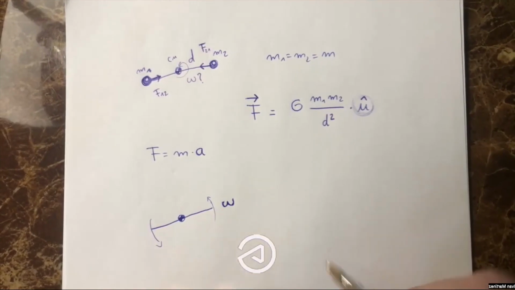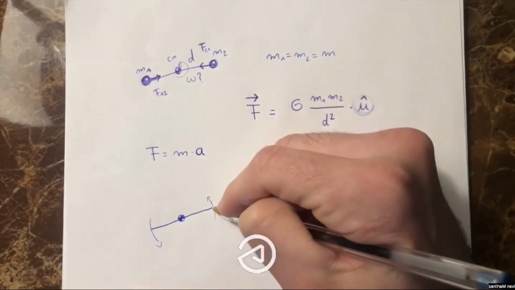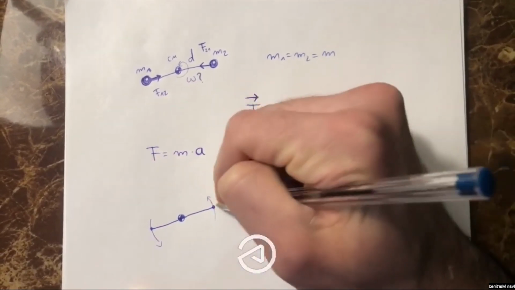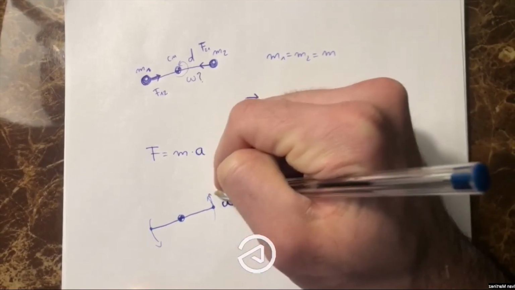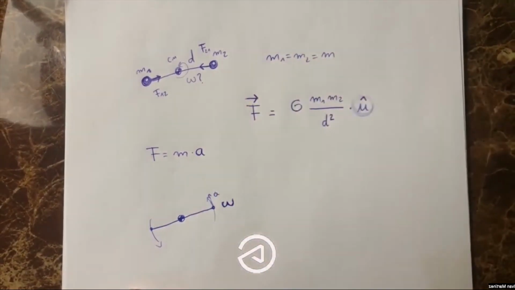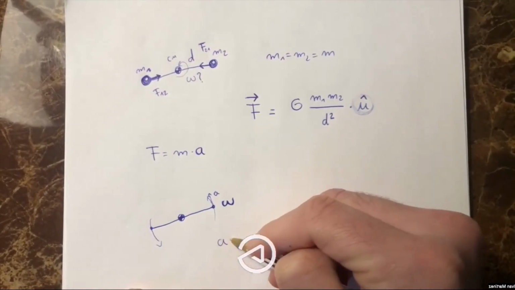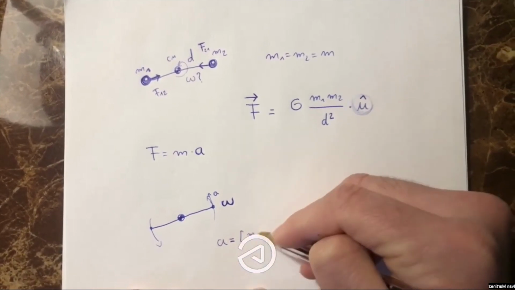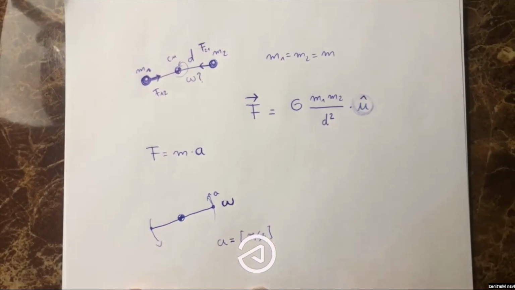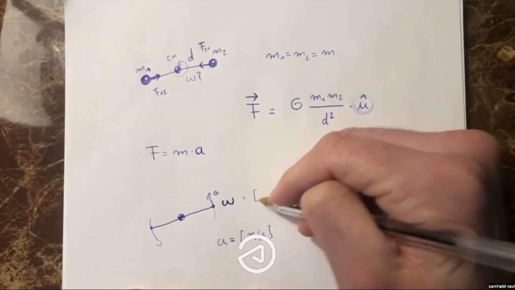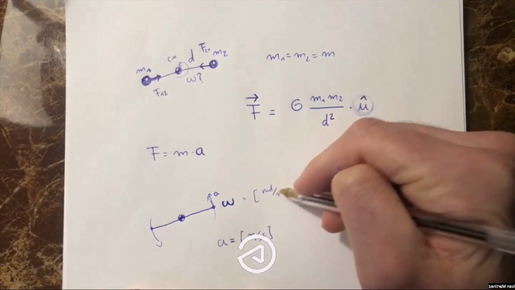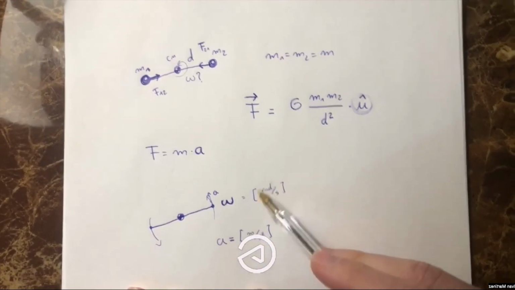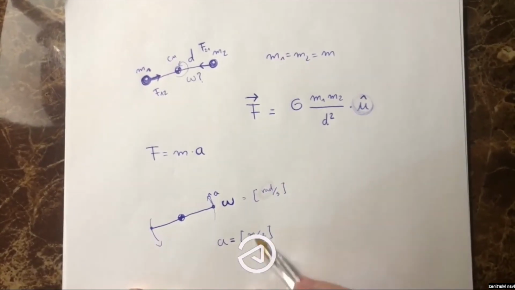At the tip, what do we know from rotational motion? If we have an angular speed, what's the linear acceleration? A, if you remember, is distance over time squared, and this is radians per second. Radians, in a sense, is nothing. It's dimensionless. How do we get this?